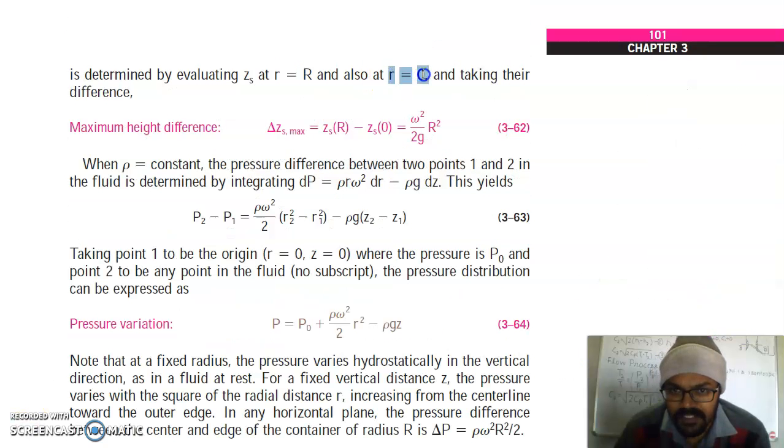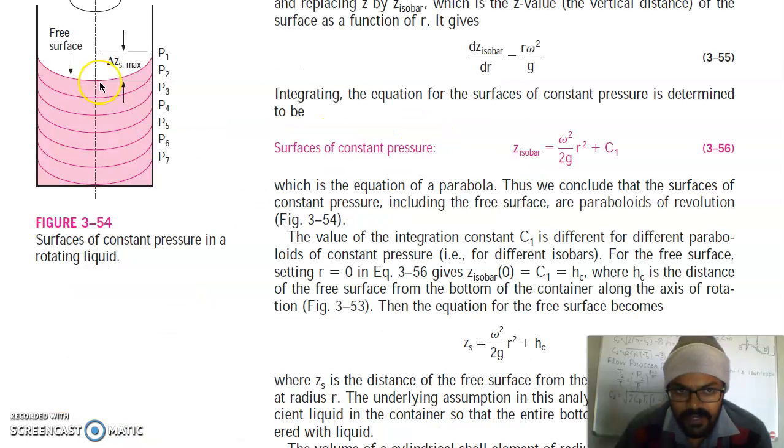At the lowest point r is 0, and when you take the difference, you will get the maximum height difference, which is del ZS maximum, which is omega square by 2g R square. Means you will get the difference del ZS. This represents the surface at the center and the level of liquid surface when r is equal to this corner, that is capital R.